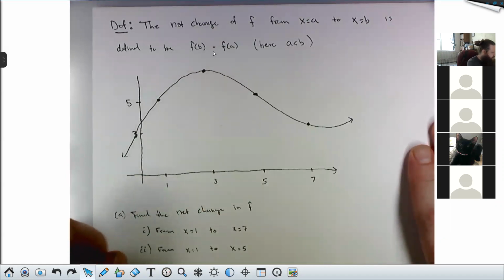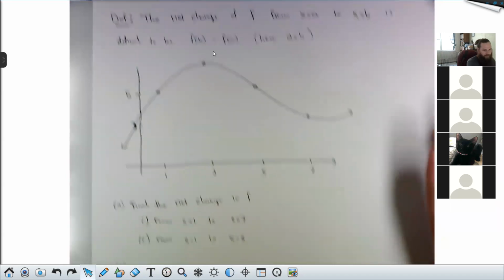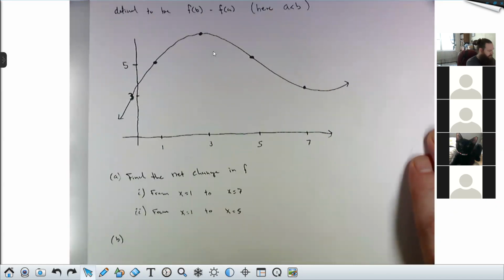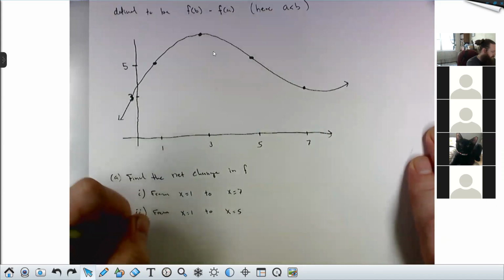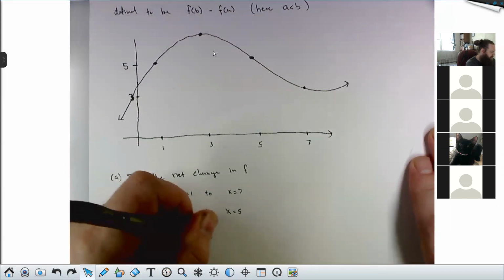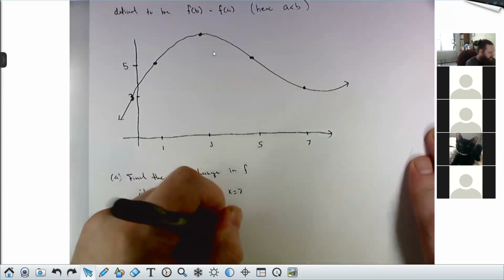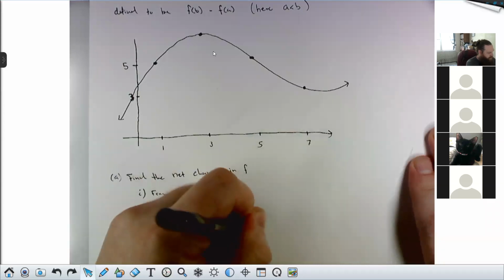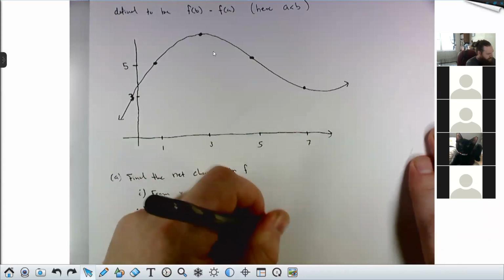And then let's answer some more qualitative questions, like net change negative, 0, or positive.